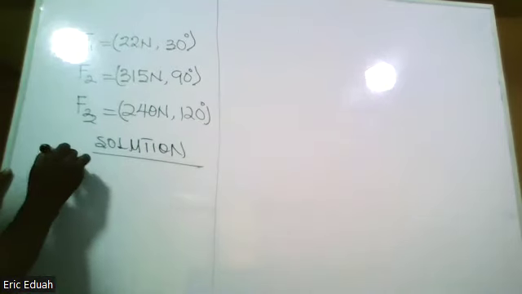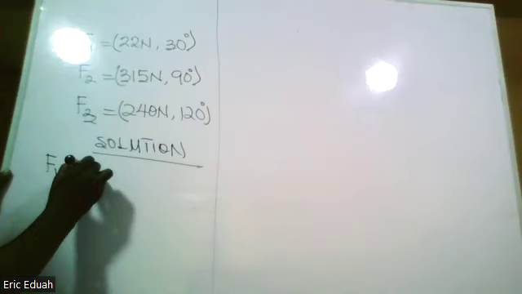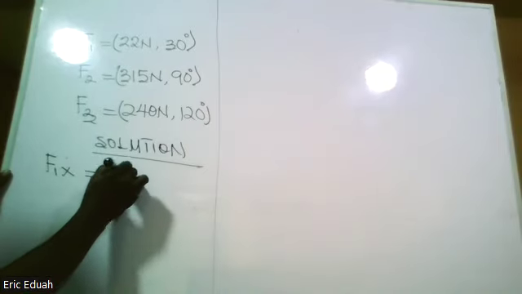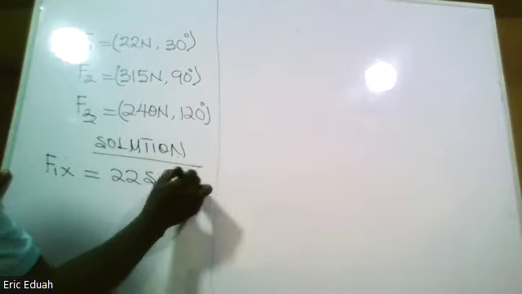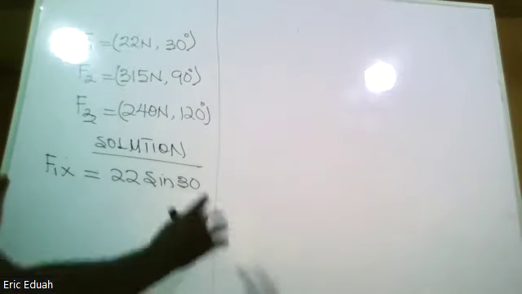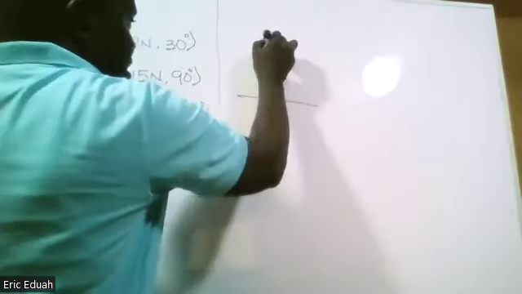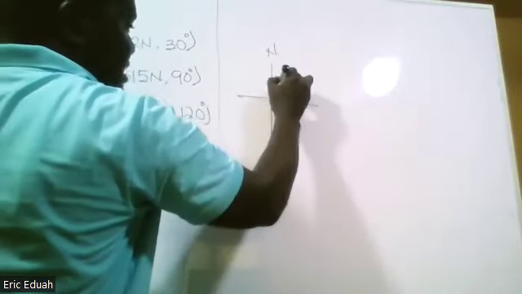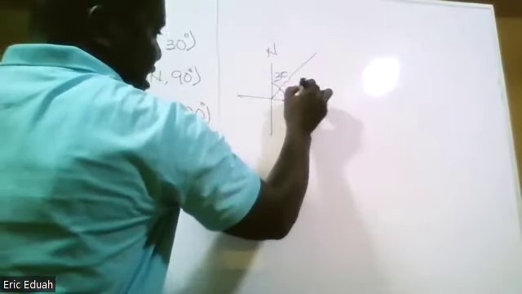So F1x would be 22 sine 30. If you want to use the other one, then don't forget when you draw the north within the Cartesian plane, if this is 30, this becomes 60.